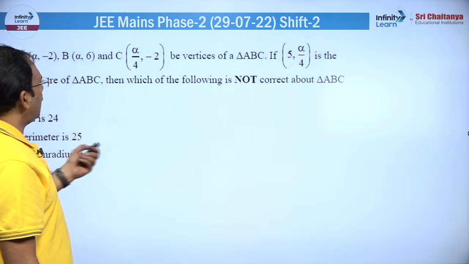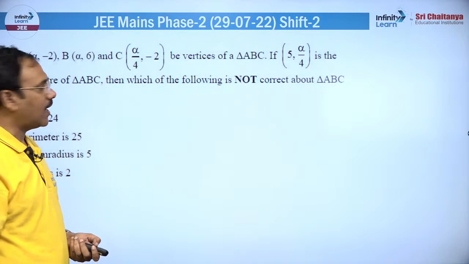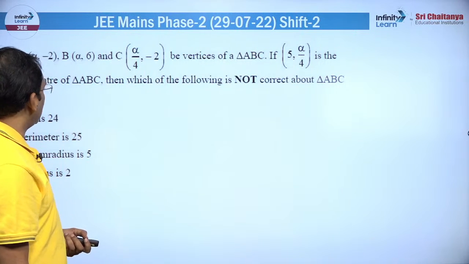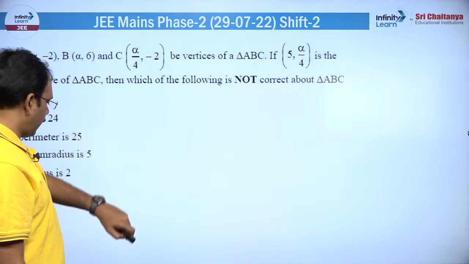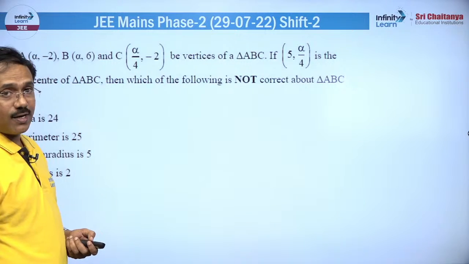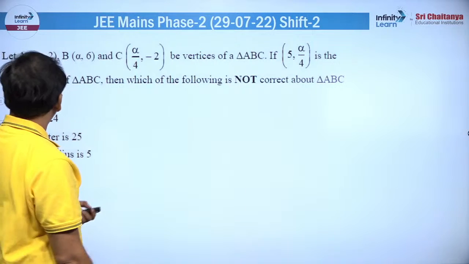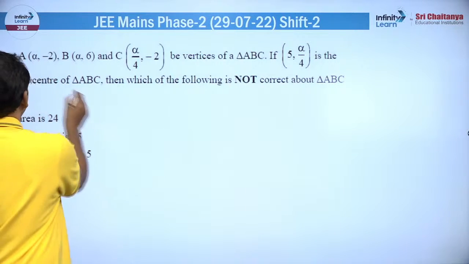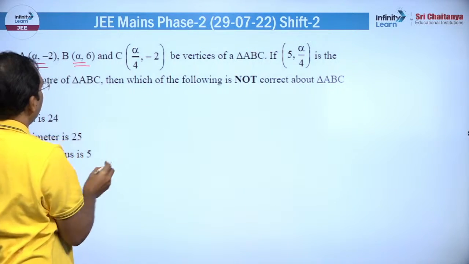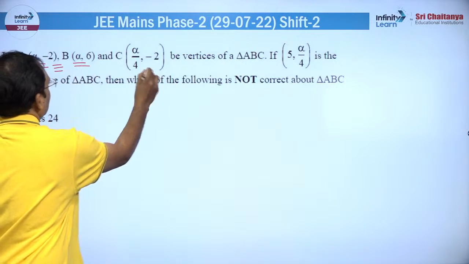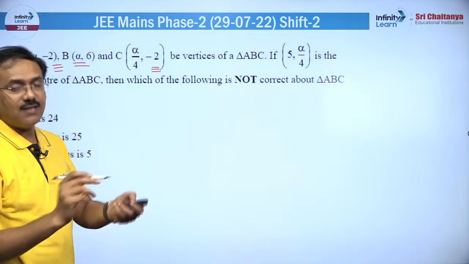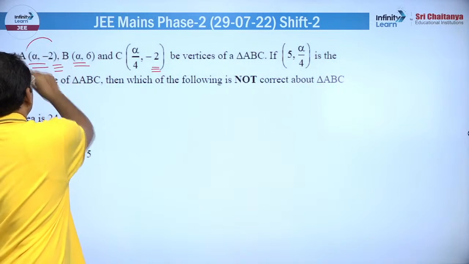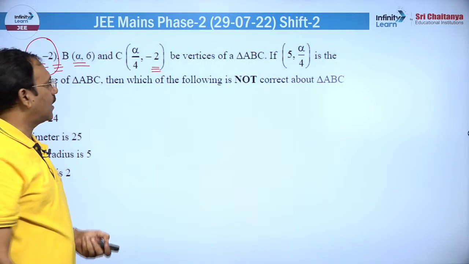Next, you see 3 points are given, vertices of a triangle. This is the circumcenter of triangle ABC. Then which of the following is not correct regarding triangle ABC? My dear friends, here one important observation is that the x coordinate is repeated and the y coordinate is repeated. That means it is a right angle triangle with this as the vertex containing the right angle.